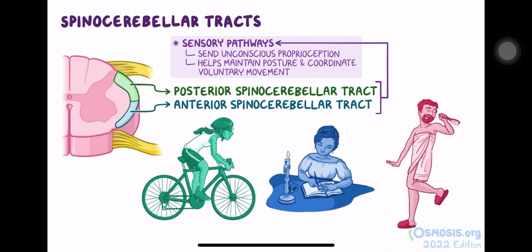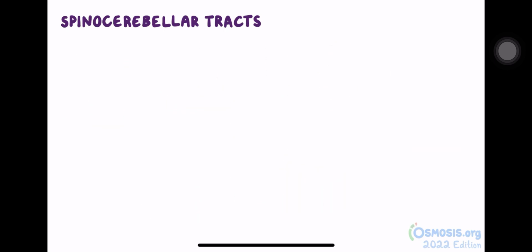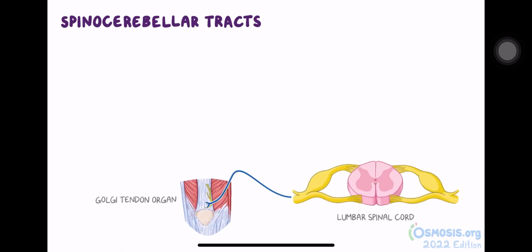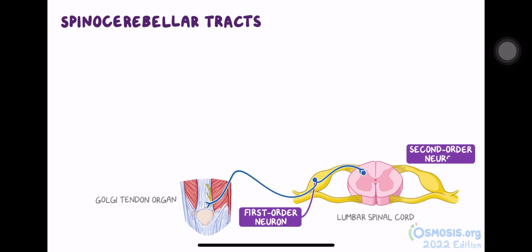The signals on these pathways originate in proprioceptive receptors such as muscle spindles and Golgi tendon organs, and then travel along first-order neuronal axons of peripheral nerves. The signal enters the dorsal root ganglion and then the spinal cord, where there's a synapse with second-order neurons located in the ipsilateral gray matter.